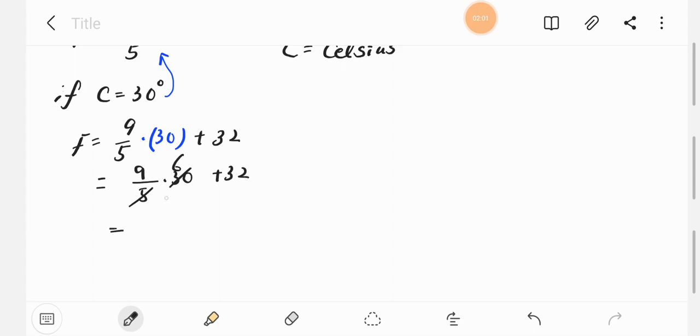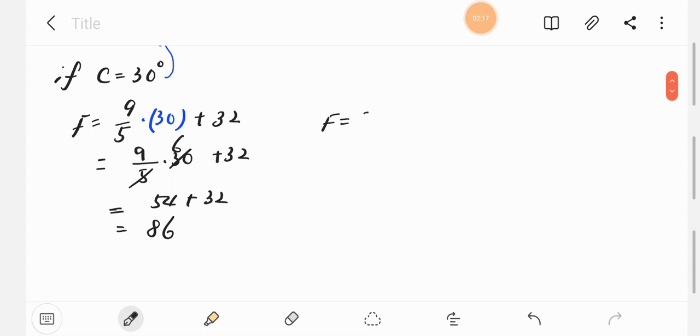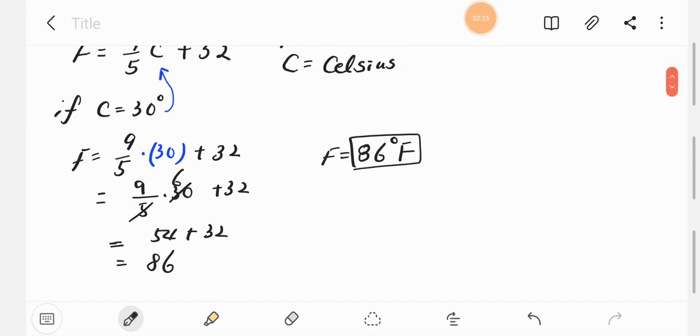Then this is equal to 54 plus 32. So that is 86. So the Fahrenheit is now 86 degrees. If the Celsius is 30 degrees, then that is equivalent to 86 degrees Fahrenheit.